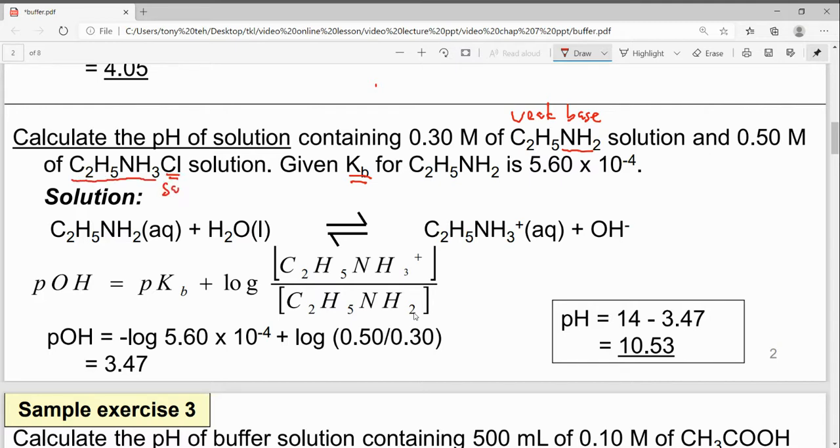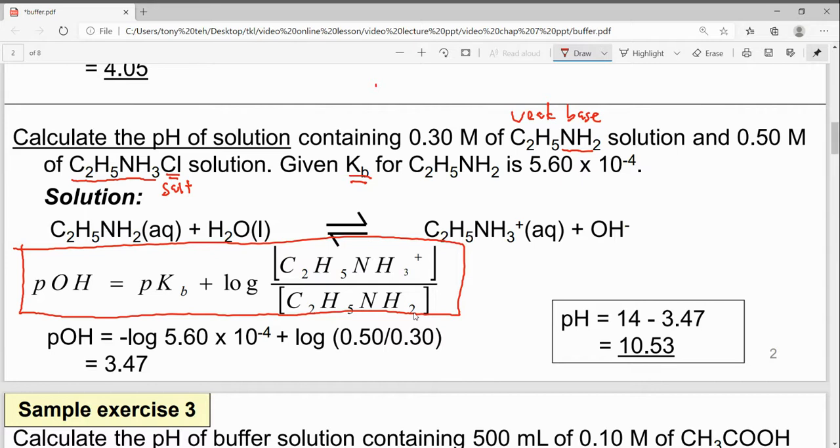For the Henderson-Hasselbalch equation for a basic buffer solution, we will use conjugate acid over weak base. Now let's see what we have.